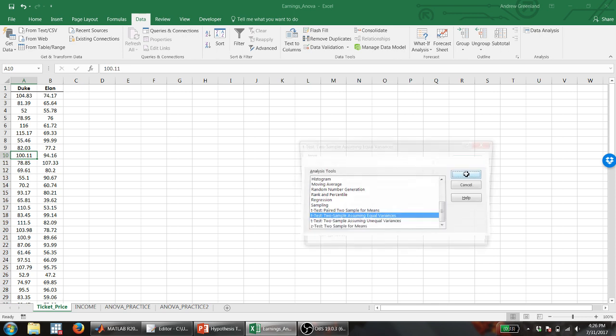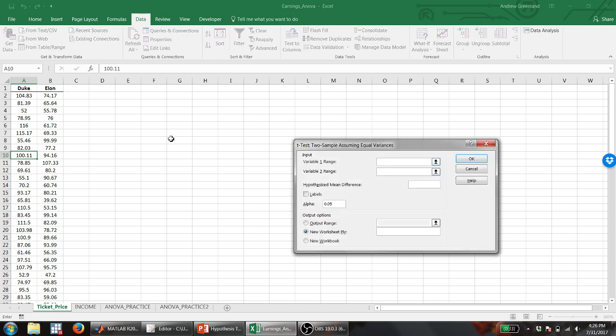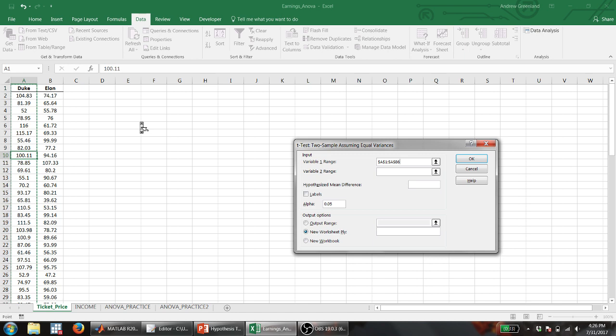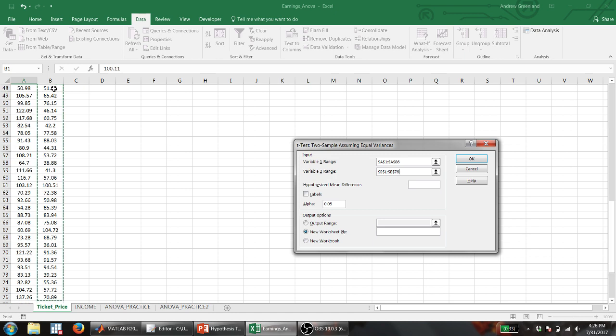I'm going to click OK once I've highlighted this, and under Variable 1 Range, I'm going to select the Duke column. I'm just going to click in cell A1 and use Control-Shift-Down to select the rest. For Variable 2 Range, I'm going to select the Elon column. I'm going to select the Labels option to indicate that the first element of each of these two variable ranges are the names of the populations.